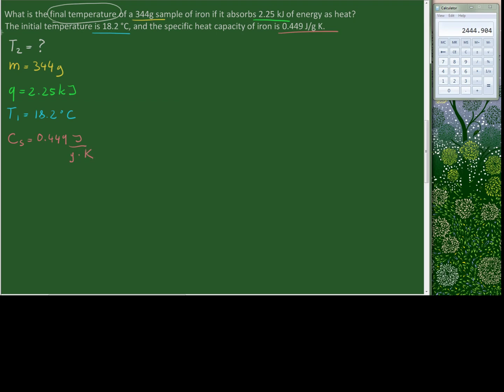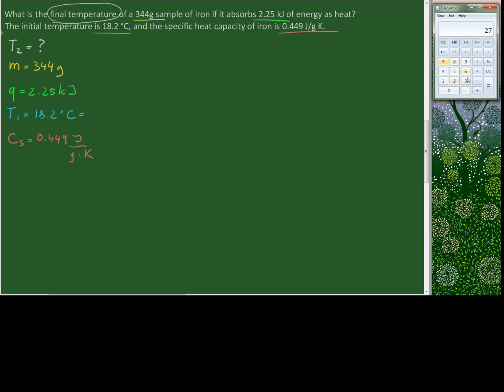So once again, we're going to use the same formula. We just need to rearrange it a little bit. But before we do that, we need to make sure that our units match up. The specific heat capacity is in joules per gram Kelvin, and our temperature here is given as Celsius, so we need to convert that to Kelvin.